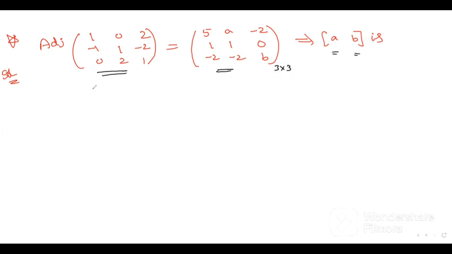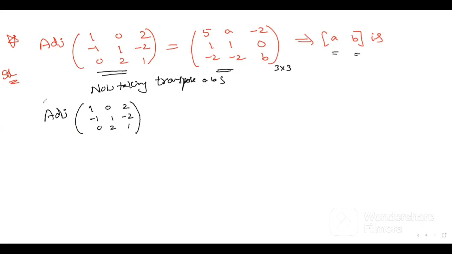Okay, now taking transpose on both sides, what do we get? Adjoint of the matrix 1, 0, 2, minus 1, 1, minus 2, 0, 2, 1, whole transpose, is equal to the matrix 5, a, minus 2, 1, 1, 0, minus 2, minus 2, b whole transpose.